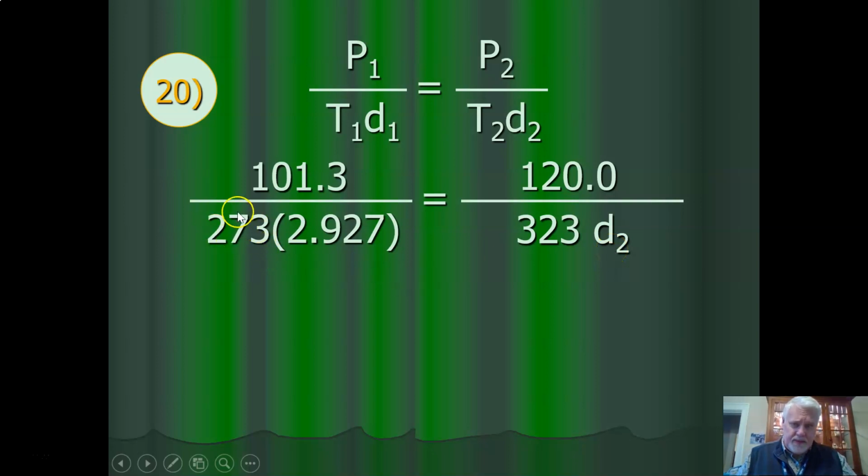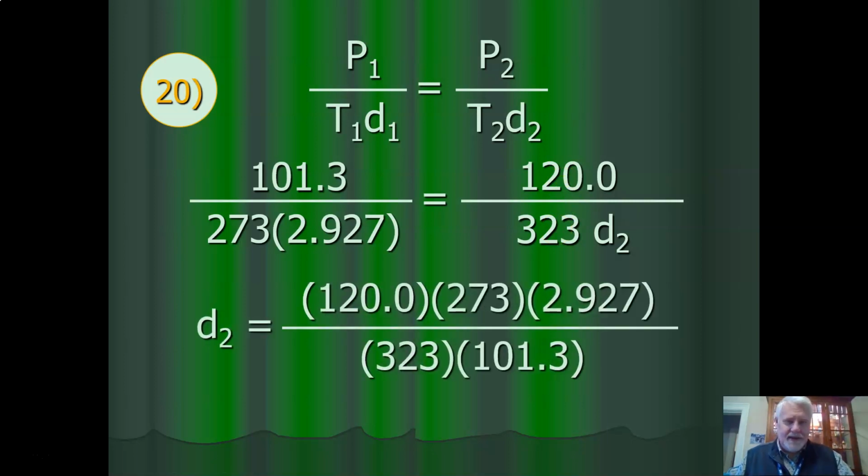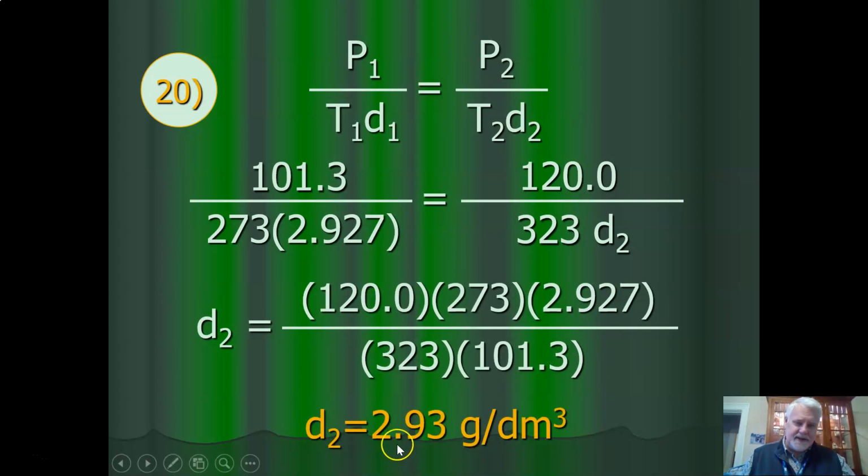And it would be limited to 3 sig figs because of your temperature. So you can see that for all practical purposes, because you increased both the pressure and the temperature, the density really remained the same on this one. Okay, so the density is 2.93 grams per dm cubed.